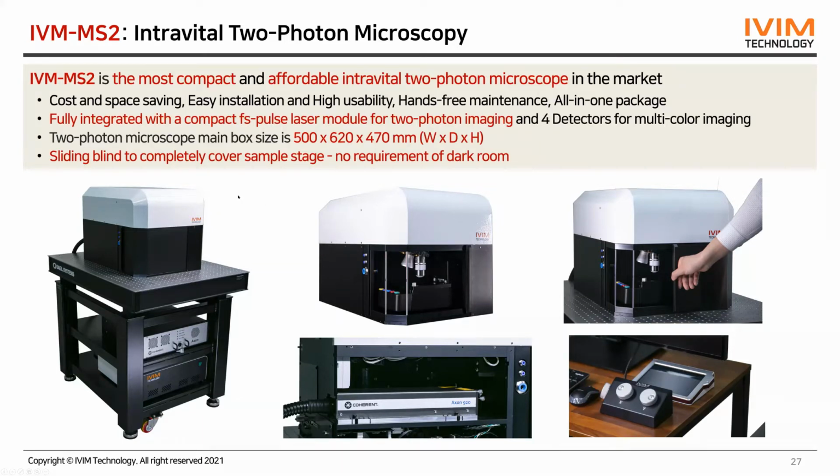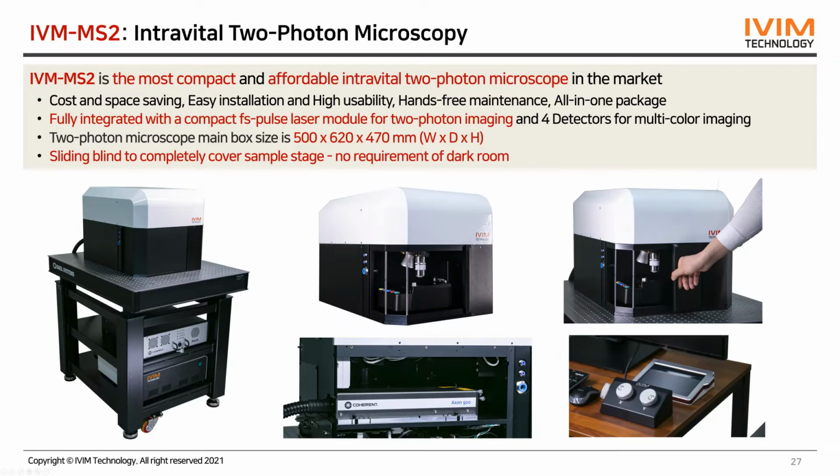This whole main box is only 500 by 620 by 470 millimeters in width, depth, and height. It also has a sliding blind curtain to completely cover the sample stage, so we don't have a requirement for a dark room for microscope operation.